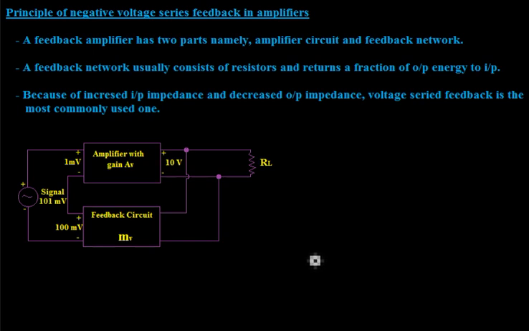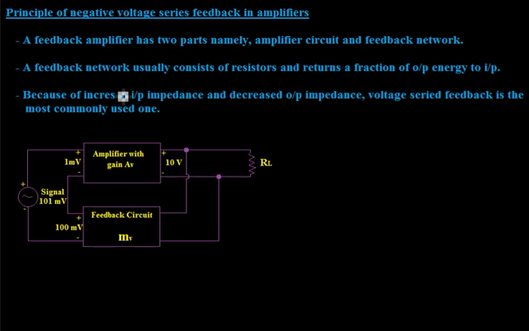As mentioned in the previous lecture, a feedback amplifier has two parts, namely the amplifier circuit and the feedback network. The feedback network usually consists of resistors and it returns a fraction of the output energy back to the input.